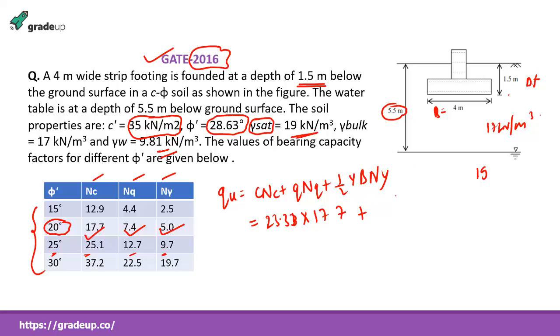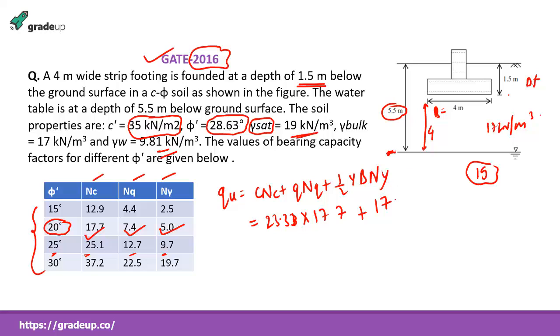Depth of foundation is 1.5, gamma is 17, because we will take bulk, because water table is present below, at 1.5 plus 4. Now the shear zone is acting up to here, so naturally this water table will have no effect on this bearing capacity. So we don't need to consider any correction factor RW or RW dash.